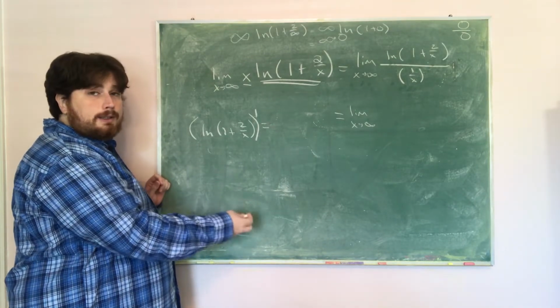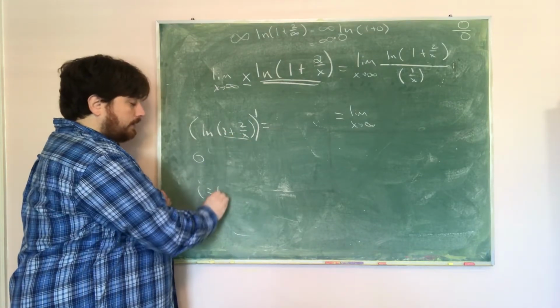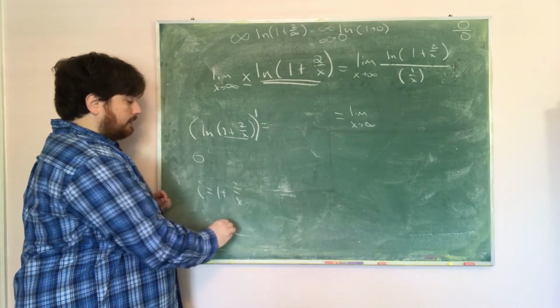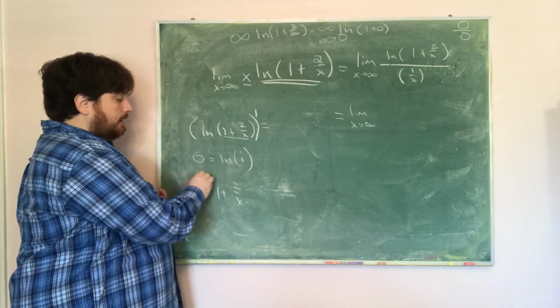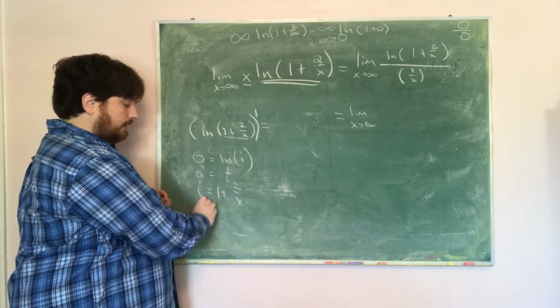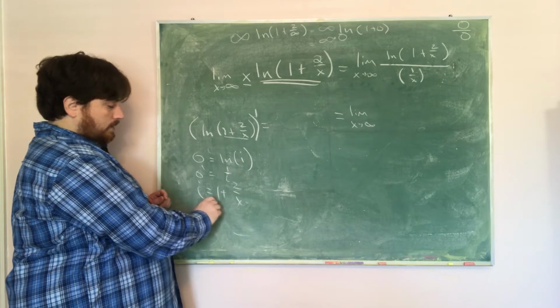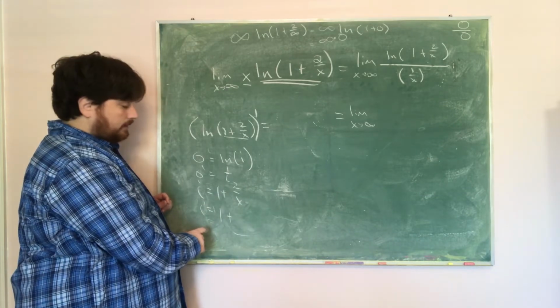I have an outside and an inside function. My inside function is 1 plus 2 over x. My outside function is natural log of the inside. So the derivative of natural log is 1 over the inside, times the derivative of 1 plus 2 over x.